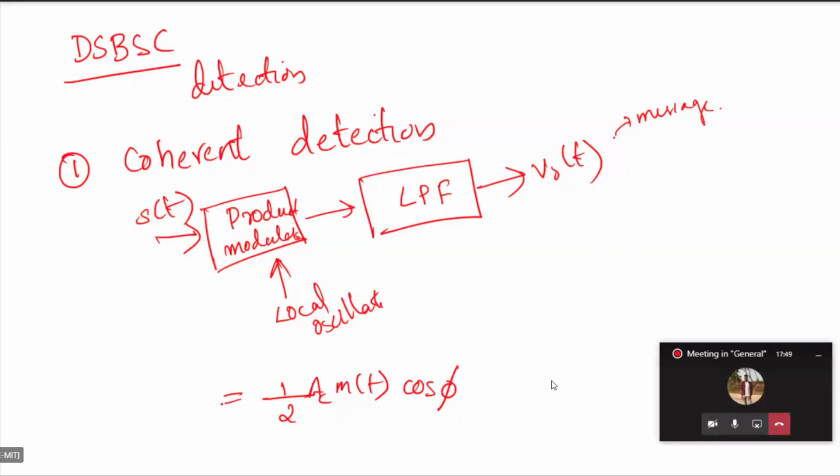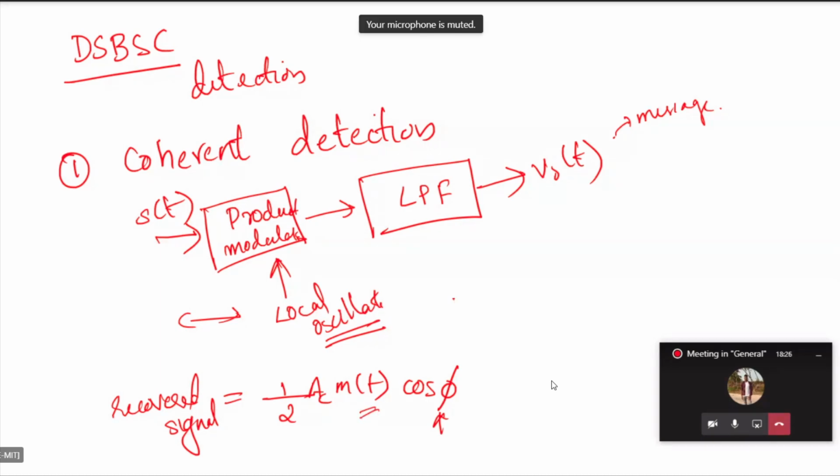This is the recovered signal. This cos phi is the phase difference between the local oscillator here and the carrier generator at the transmitter. Though it has the exact same frequency, the phase may differ. They should be aligned such that this phase is 0, so that we get the maximum output from the signal.